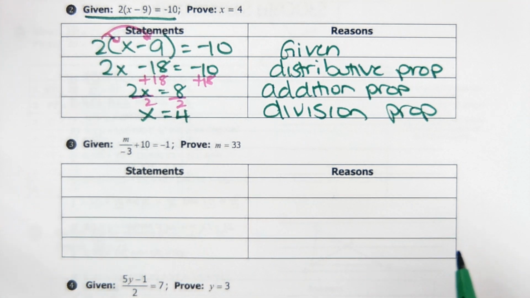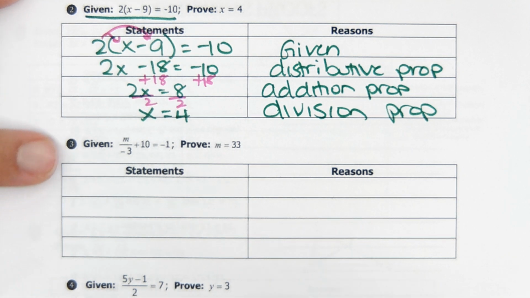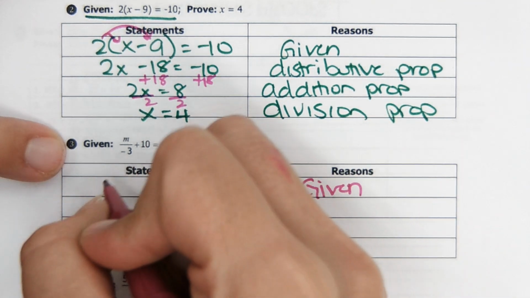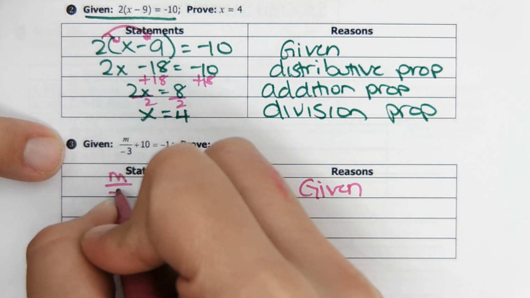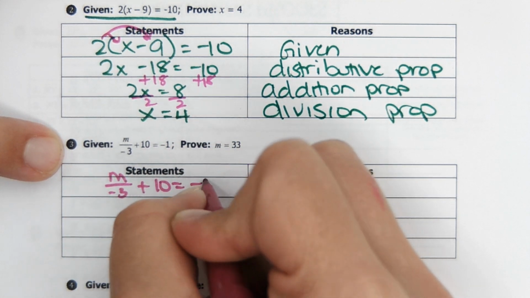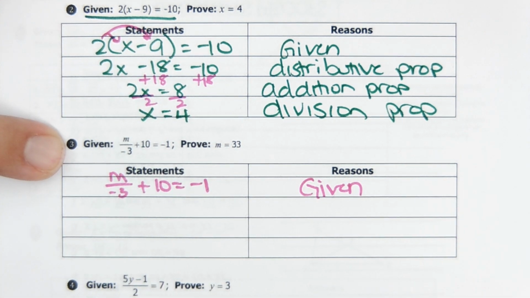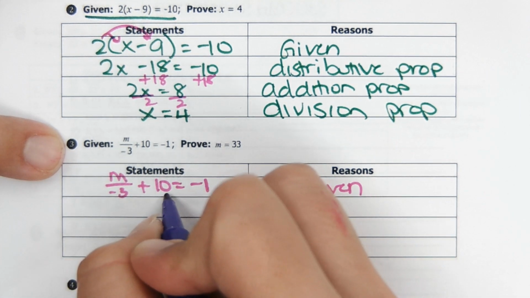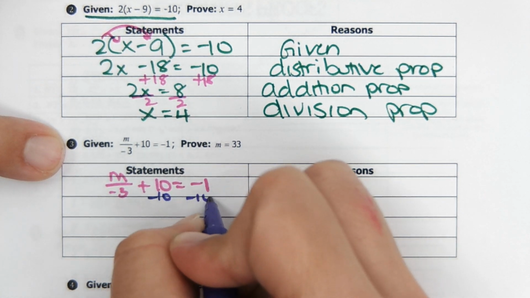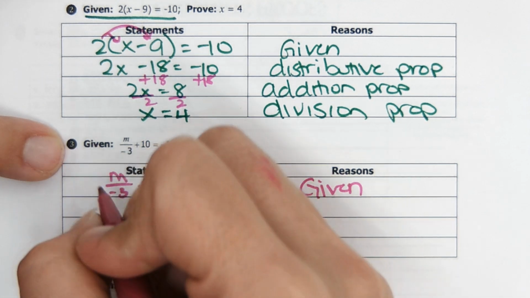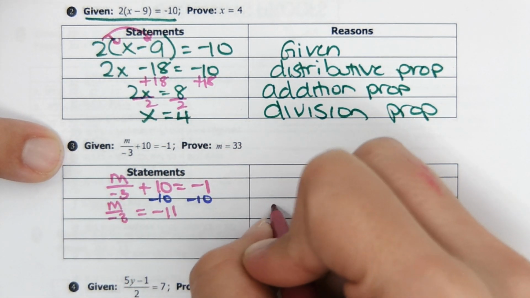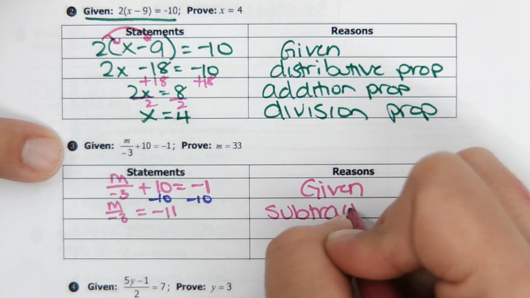Number 3, going through the same steps, just start with the given, and then write this in the box. Then to start solving this, I'm going to subtract 10 from both sides. I get m over negative 3 equals negative 11, and I use subtraction property.